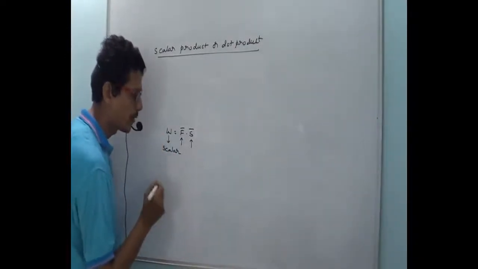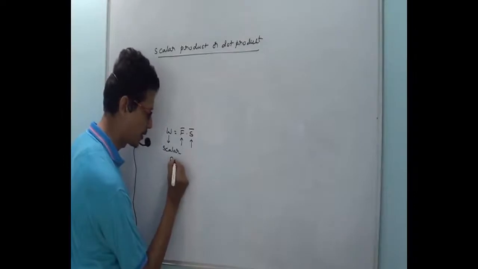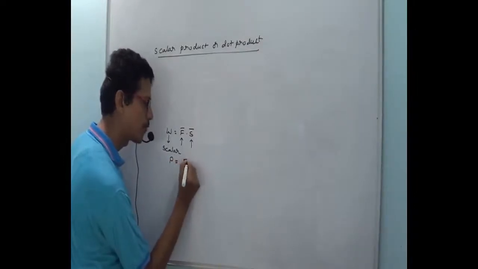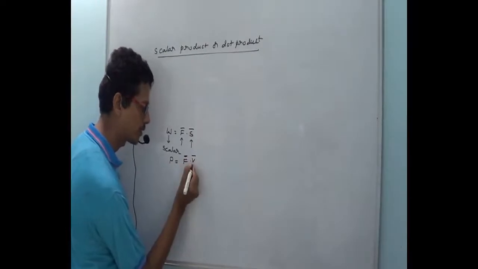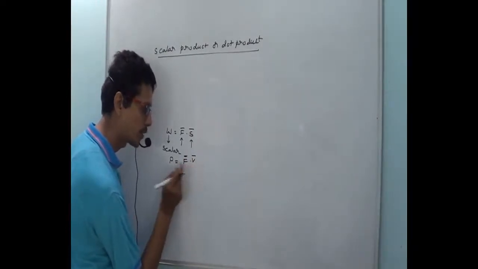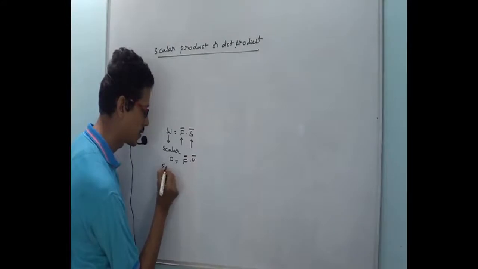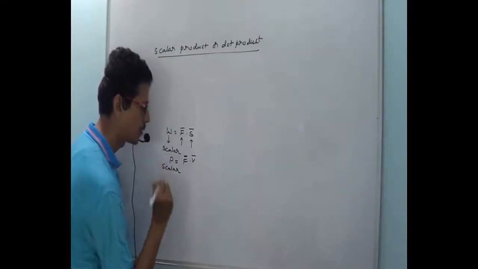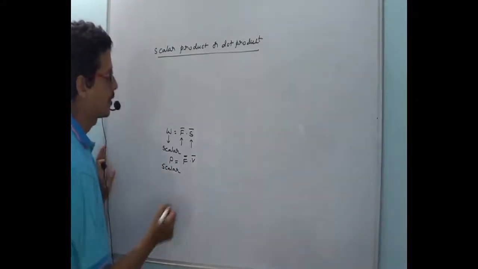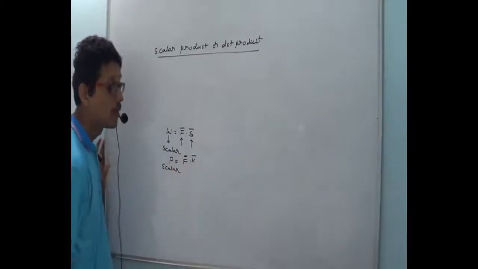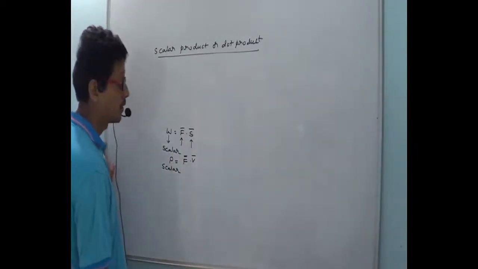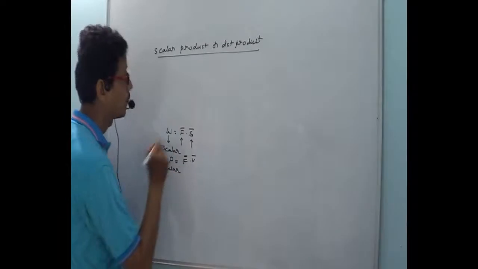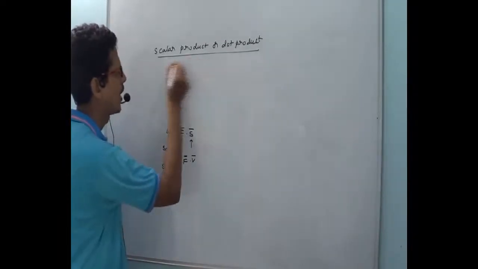Even power we have, instantaneous power I say. Power is F bar dot V bar. These two are vectors. And if you multiply the two vectors, what you are getting is scalar. Fv cos theta. And this product we call it as scalar product.